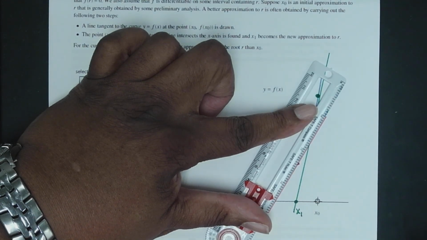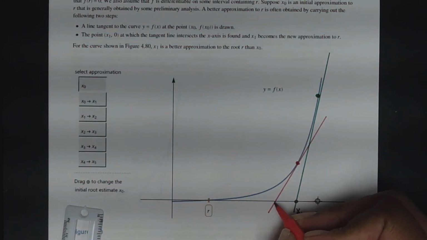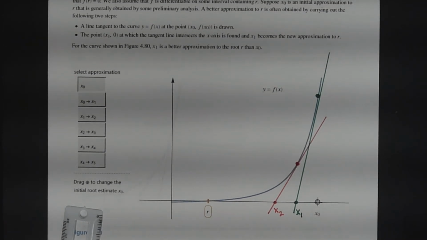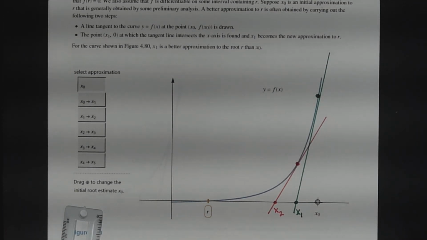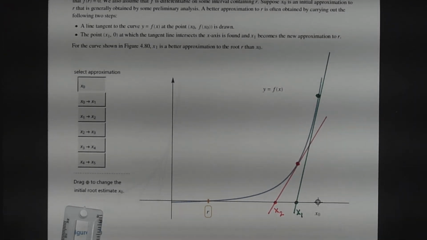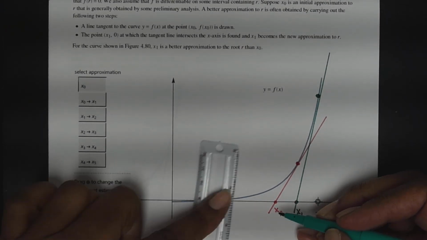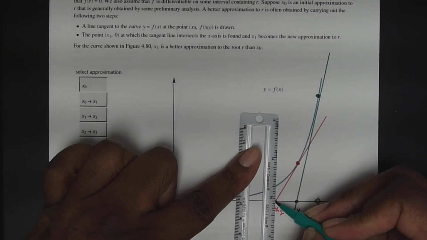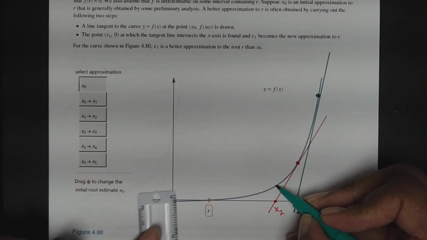And it's going to intersect the x-axis at this point here, which I'm going to call x2. And then I'm going to draw another point that corresponds to x2, and that's on the graph of y equal f of x. So here's that point right there.